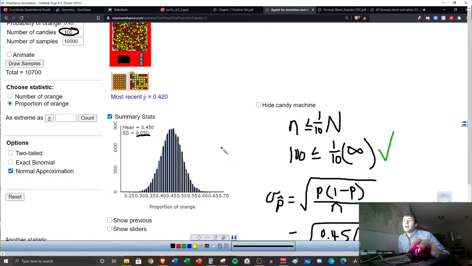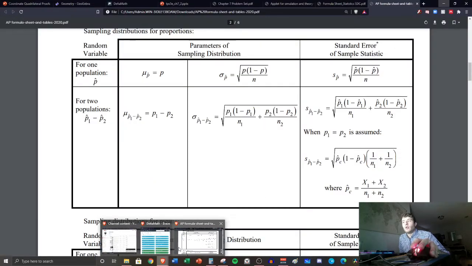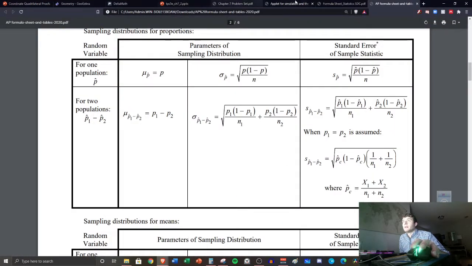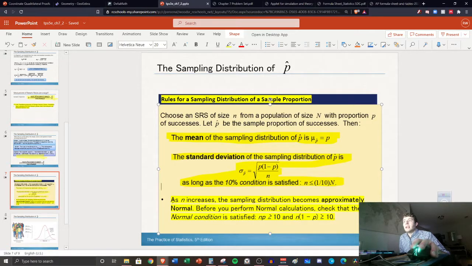And then lastly, we're going to talk about the normality of this. What is it that makes this normal, okay? So let's pull those rules back up. It says, as n increases, the sampling distribution becomes approximately normal. And we saw that, right? And so that's as the sample size increases. Before you perform normal calculations, which is what we're going to be getting to, check the normal condition is satisfied.